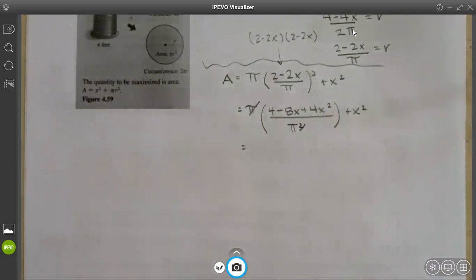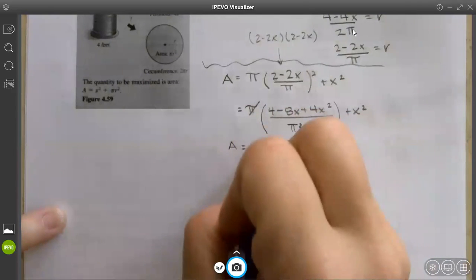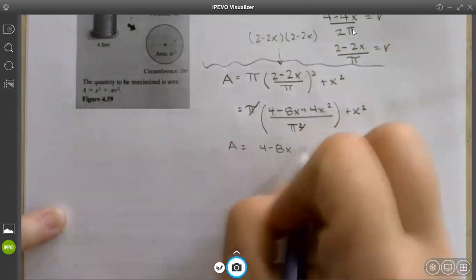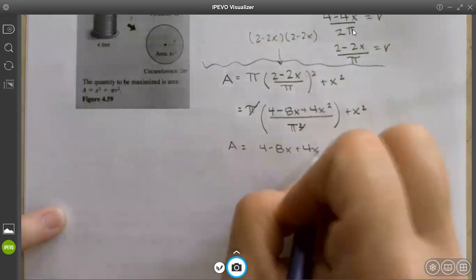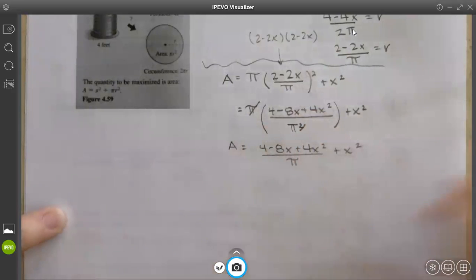Do you have to? No. Why do you not have to? Because what is pi? It's a constant. So when I take the derivative, it doesn't really hurt anything. Does everybody understand? So I'm just going to clean it up that A equals 4 minus 8x plus 4x squared over pi plus x squared.